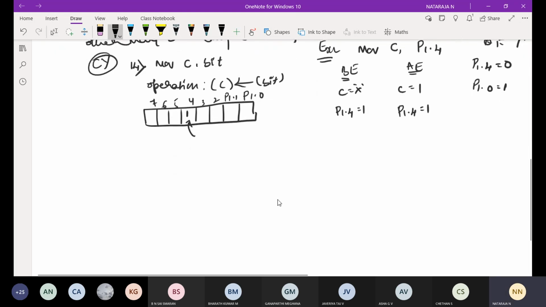Can you try this example? Second example for the same. This is the first example, second example: MOV C, P0.7. Take one example, write before execution and after execution.